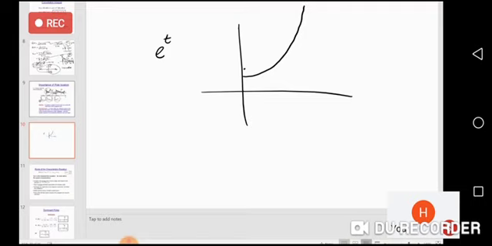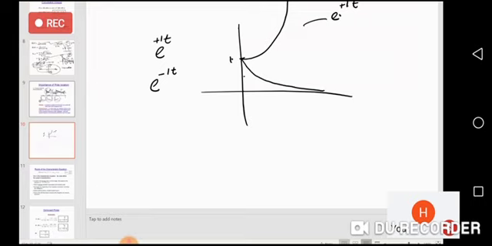This is e raised to the power +1t. ठीक है. So this is an exponential function of e raised to the power +1t. If you have an exponential function e raised to the power -1t, तो उसकी फॉर्म जो है ये हो. ठीक है. So this is +1t and this is e raised to the power -1t.